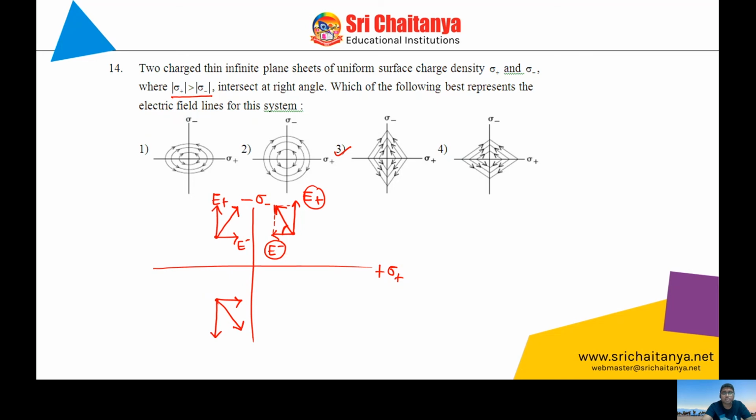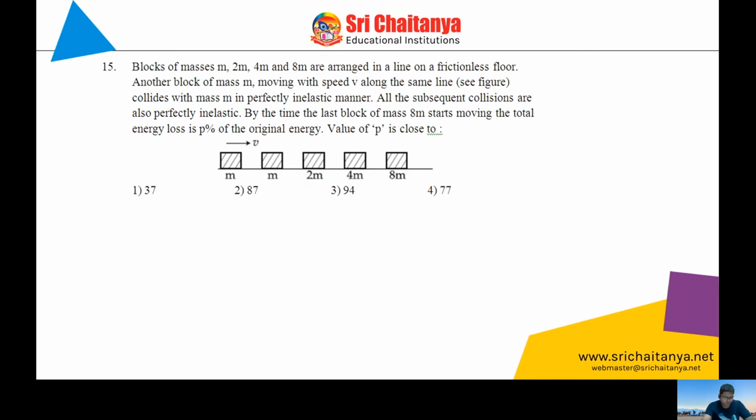That is question number 15. Here what we have is a simple question of collision. The blocks of mass m, 2m, 4m, 8m are arranged in a line on a frictionless floor. Another block of mass m moving with speed v along the same line collides with mass m in a perfectly inelastic manner. Inelastic manner means the velocity of separation will be equal to zero.